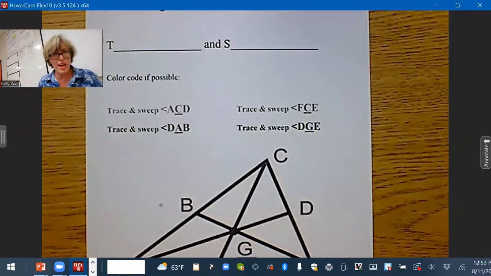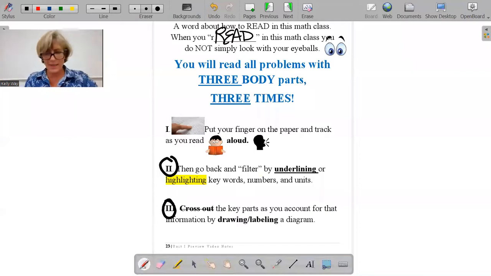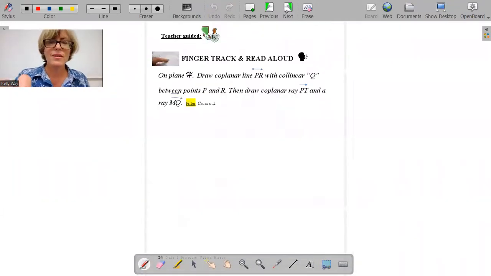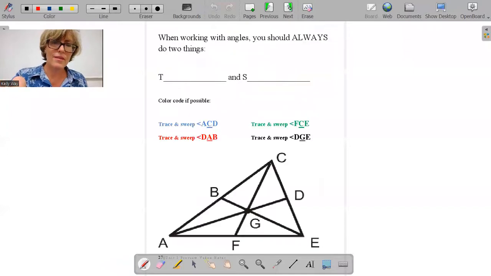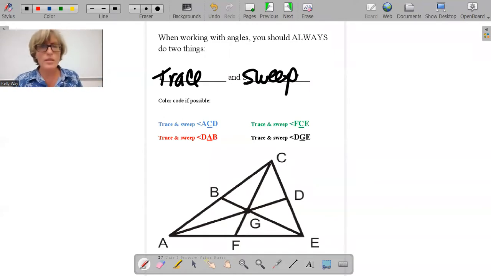You're looking at this page now. Because I have multiple colors, I'm going to come back to this. So right here, when you are working with angles, it is always important that you trace and sweep the angle. Trace and sweep. I'm going to show you this twice, both on the screen as well as in real time.